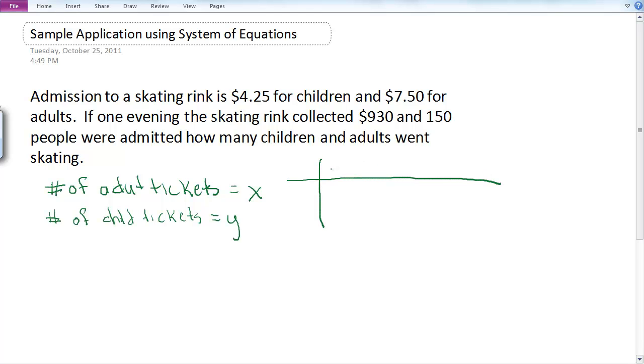So here I have number of tickets. If you want to do a chart format, we'll have X and Y.